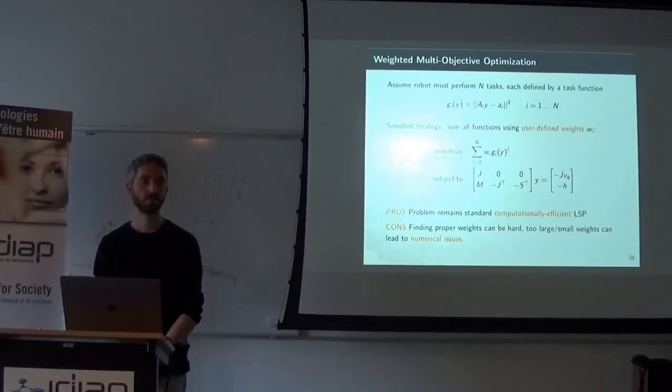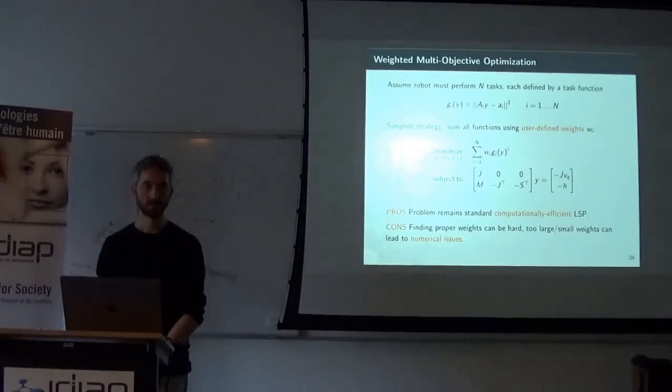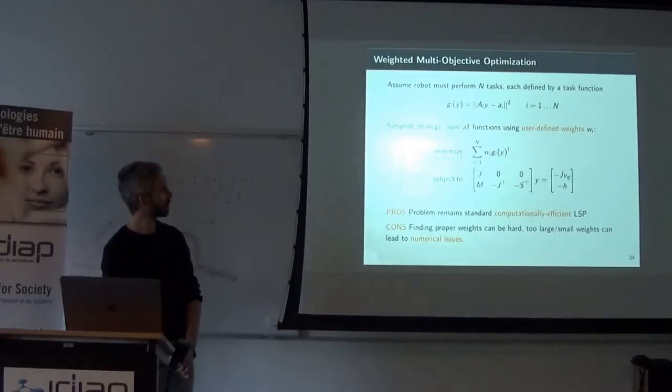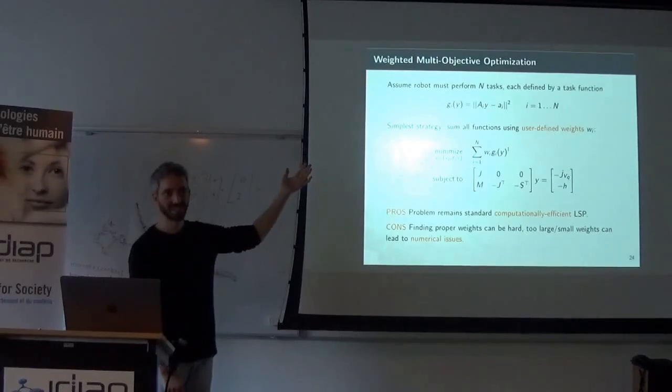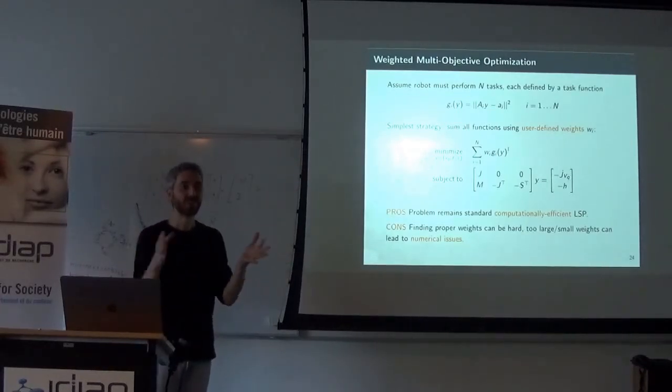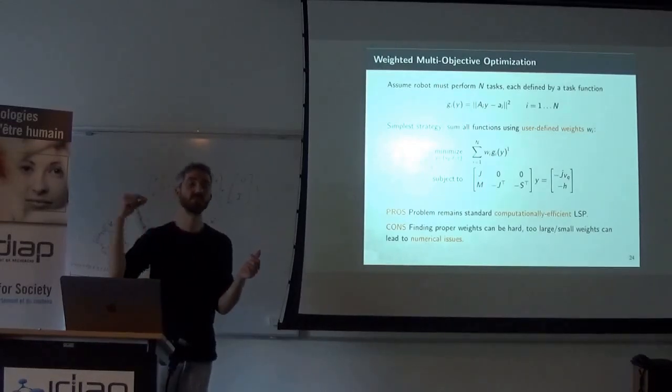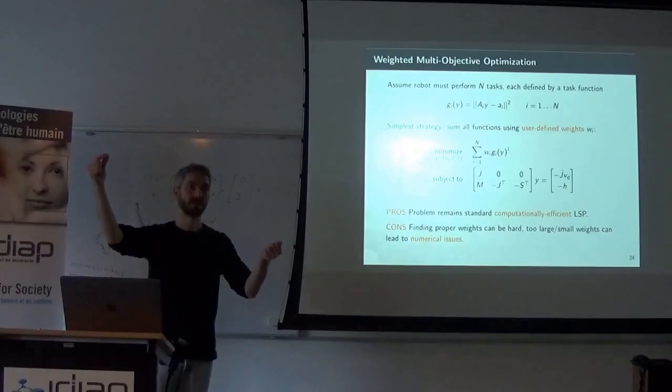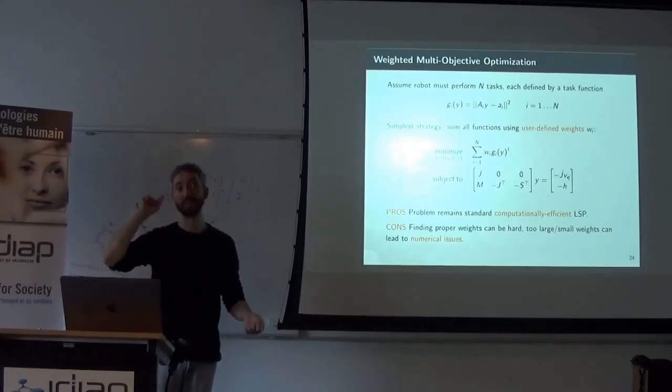And could you not get to a stage where, as you come very near to completing an important task, the smaller weighting on a less important task nonetheless makes that the larger contribution to the cost function? And so you never fully complete any... Yeah, you have this problem. Those are called soft priorities because they are soft, meaning that there is not one task that is infinitely more important than another. You're always looking for a trade-off in theory.